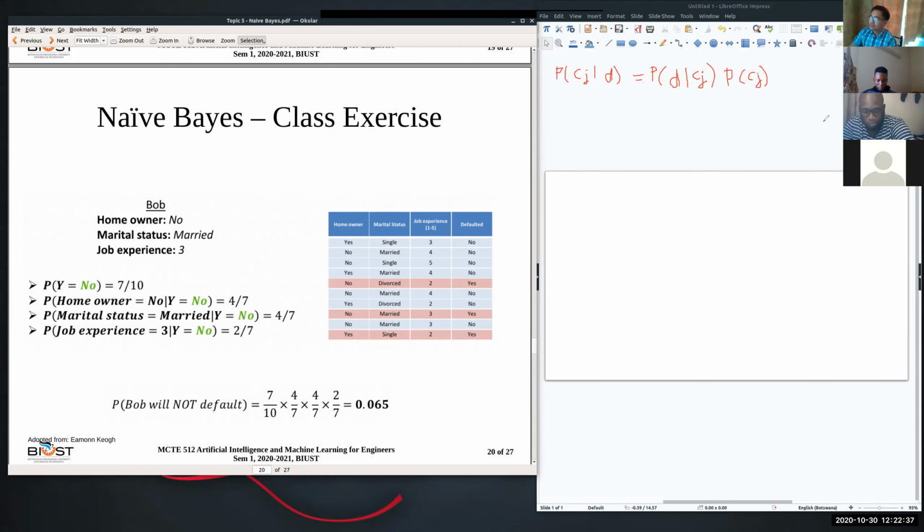Okay. But we are saying, okay, so this is the case. And so we say that this part was this part, all the attributes.